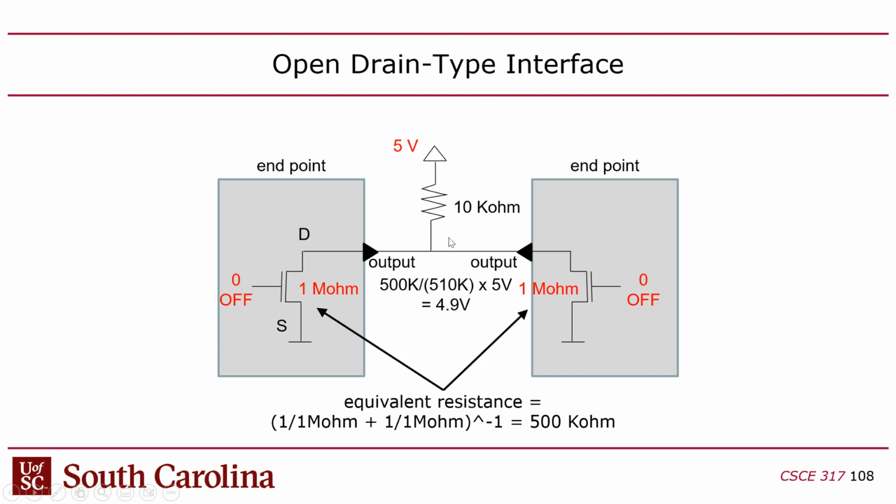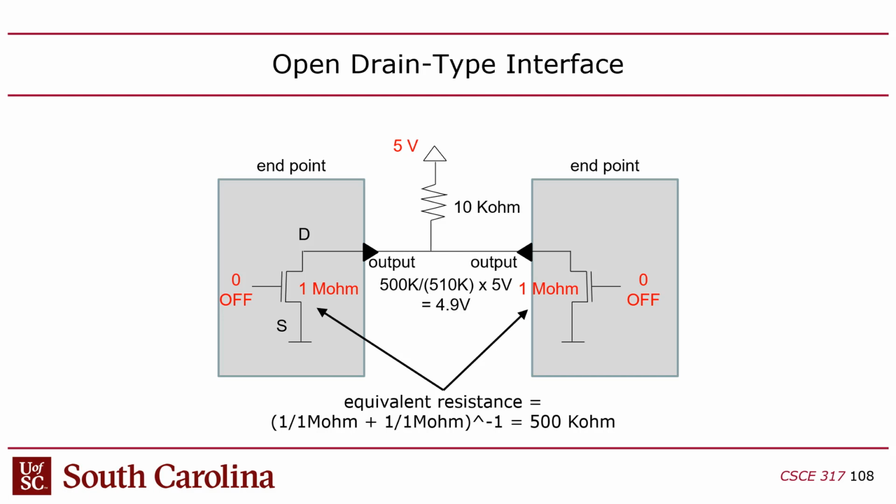There's a pull-up resistor somewhere on the wire, and it generally has around a 10 kilo ohm resistance straight up to the power supply, which in this example is 5 volts. That way, if neither side is trying to actively pull the wire down to ground, then the logic level of the wire will by default be 1.